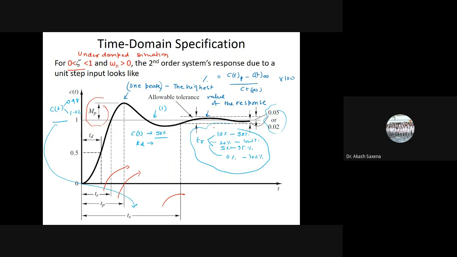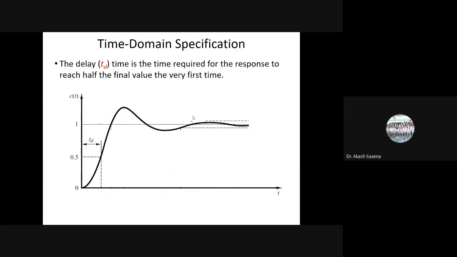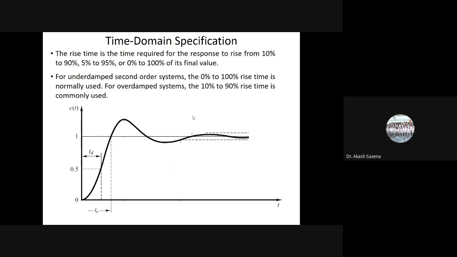And when the response is within 0.05 to 0.02 of the steady state response, this is the settling time. Now, the delay time is the time required for the response to reach half of the final value, which I have shown. Rise time is the time required for the response to rise from 10 to 90%, 5 to 95%, and 0 to 100% of the final value. For the underdamped response of the second order system, 0 to 100% is used. 10 to 90% can also be used in the overdamped system.